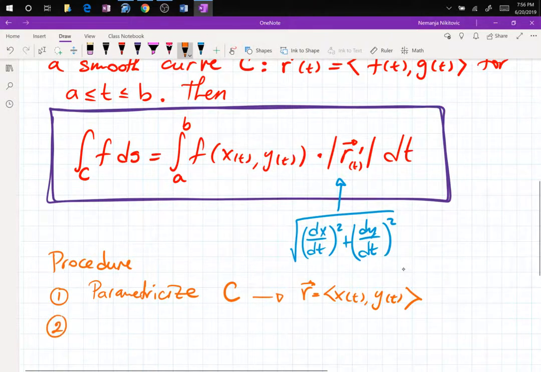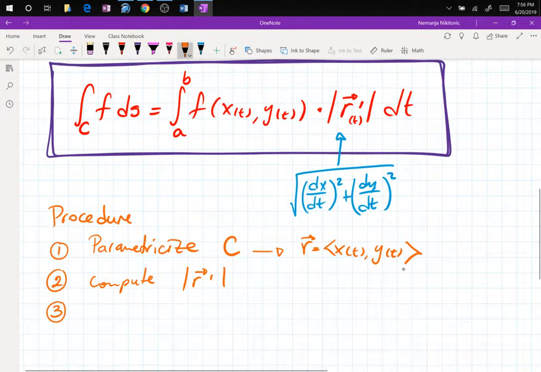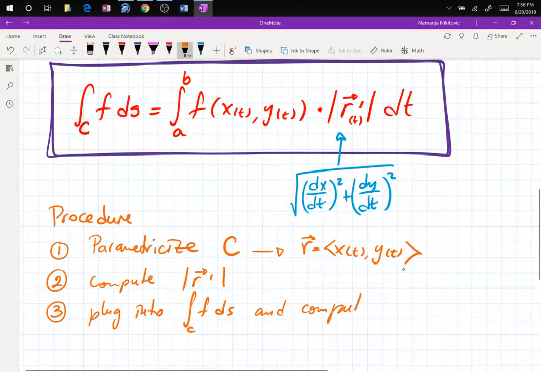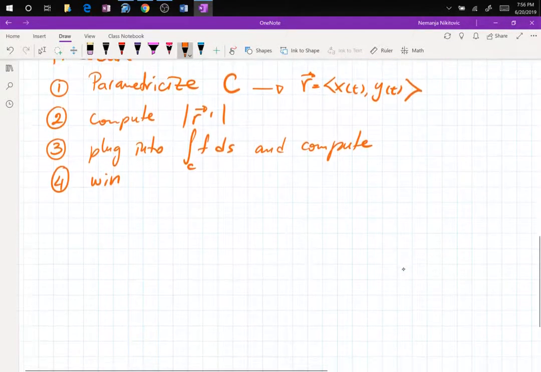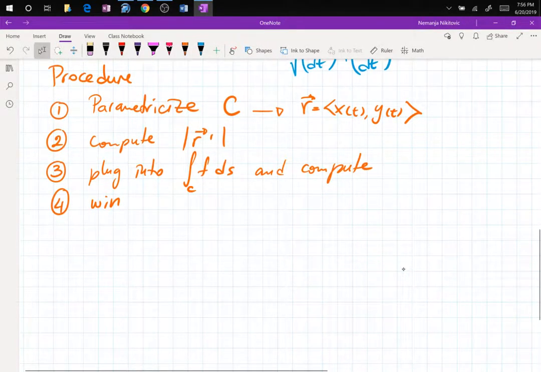Then number 2, compute the absolute value of r prime. Number 3, plug into the integral of f ds and compute. Number 4, win. There we go, done. So that's the procedure.